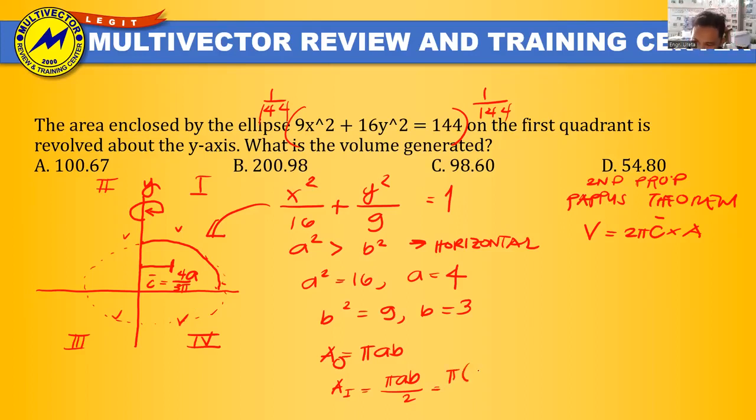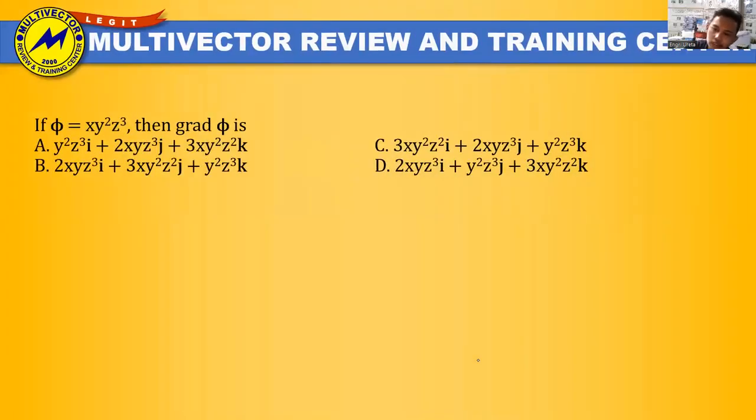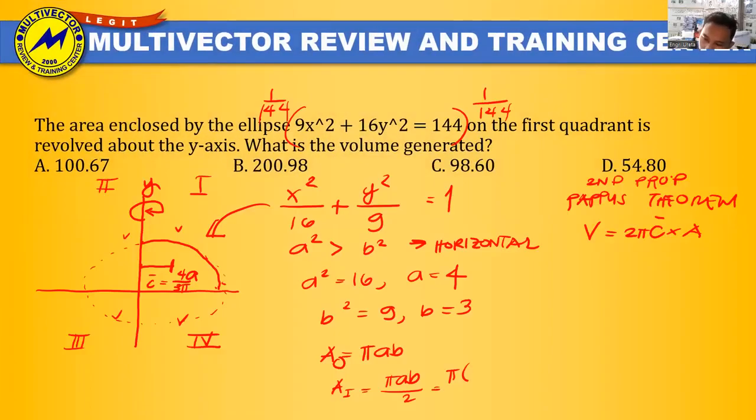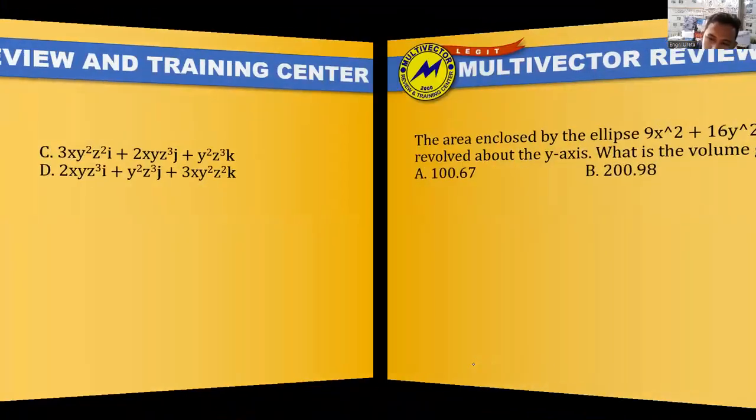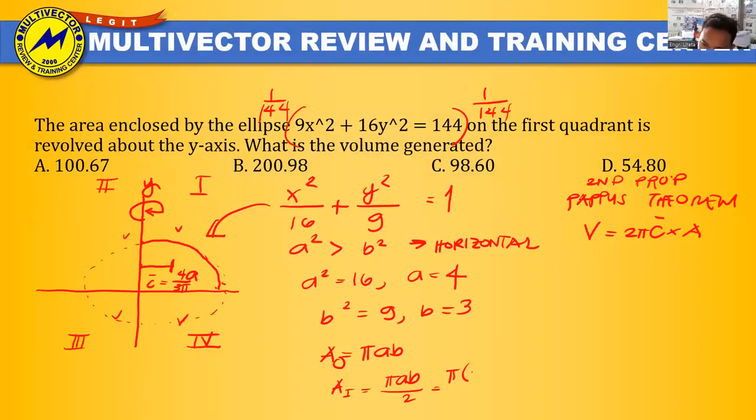Our a is 4 and our b is 3 divided by 2, so when you compute that, it comes out to 6 pi.